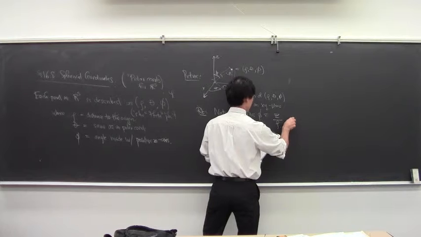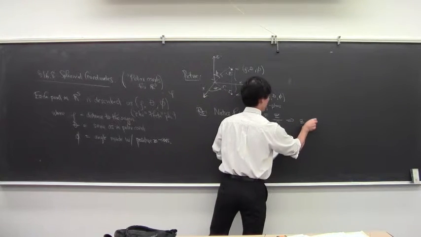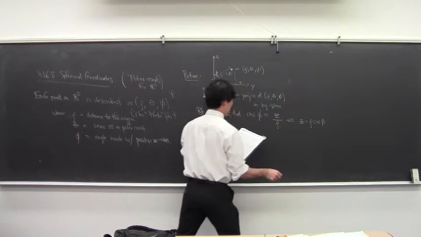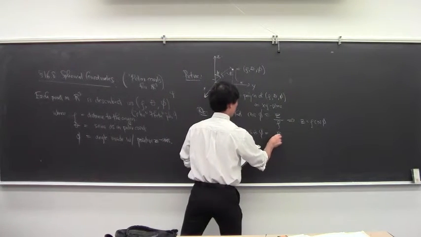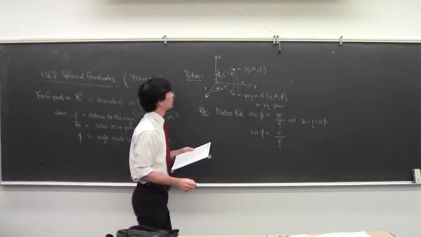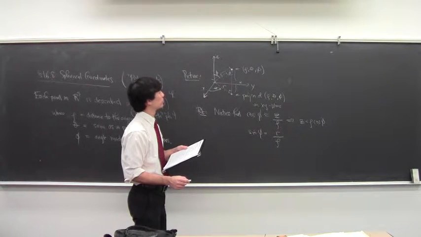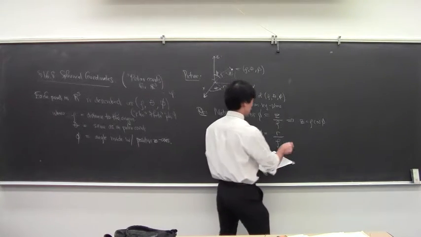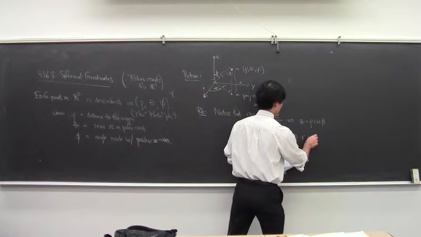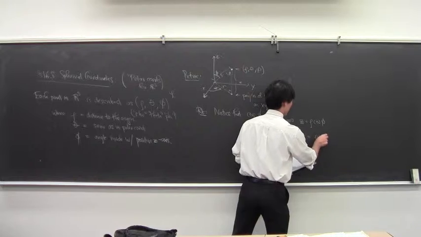So that gives us that z is rho cosine phi. And sine phi is r over rho, and so that gives us that r is rho sine phi.